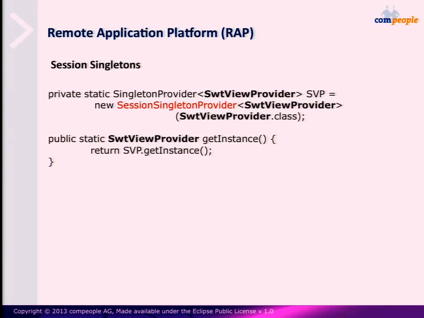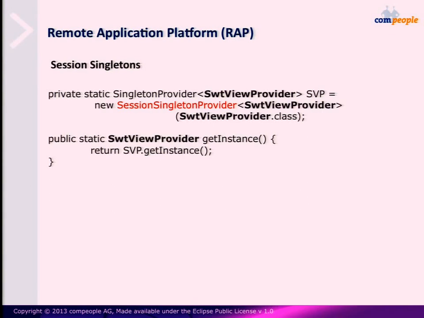If I'm in RCP, it will always get me the same instance. If I'm in RAP, it will get me the instance of the session. There's a utility class in RAP, but the problem there is that you have to know whether you are in RCP or RAP. So we built a helper class that helps us to not know in our code which one.